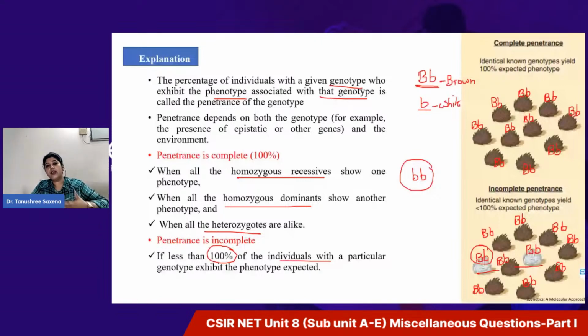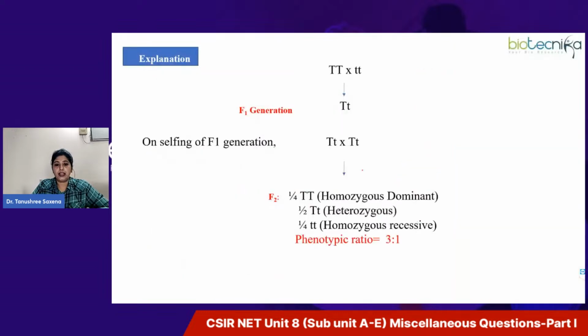There are several environmental factors affecting the phenotype. This is the reason we are not observing the trait which we expect an individual with a particular genotype to show. So it is mentioned in the question that we will perform the selfing of the F1 generation.